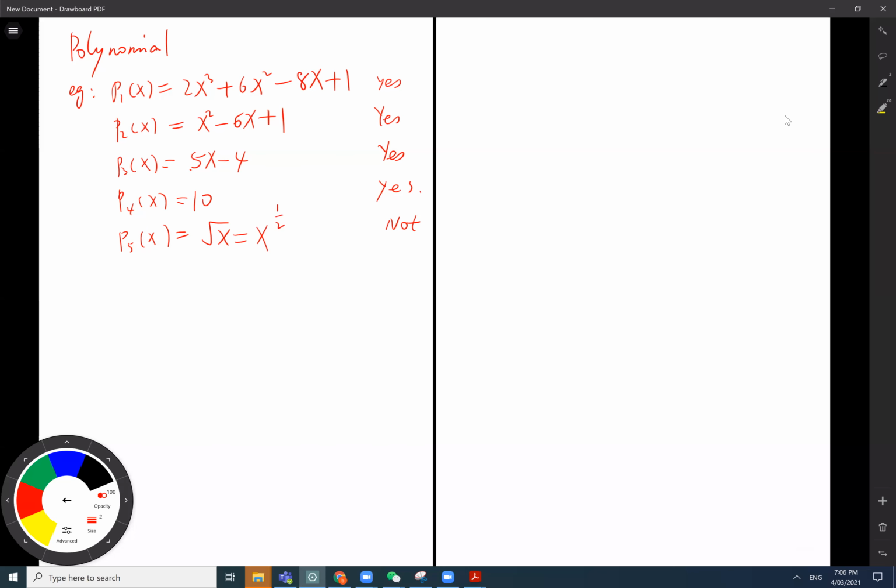We need the power to be a whole number, could be 0, 1, 2, 3, but not half or a negative number. For example, x to the negative 2 or 1 over x squared is not a polynomial.